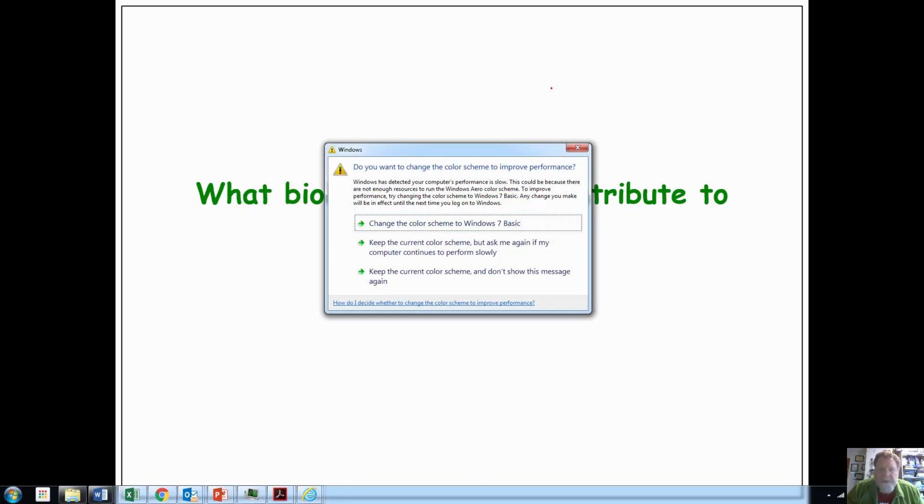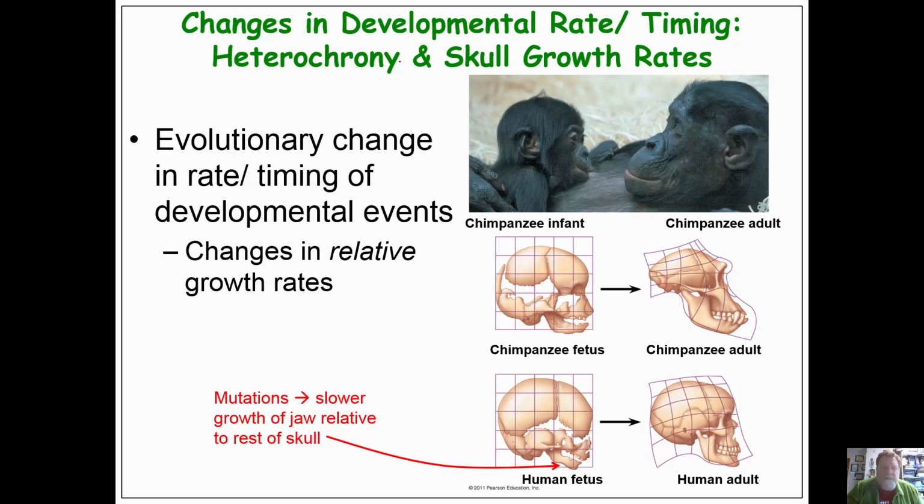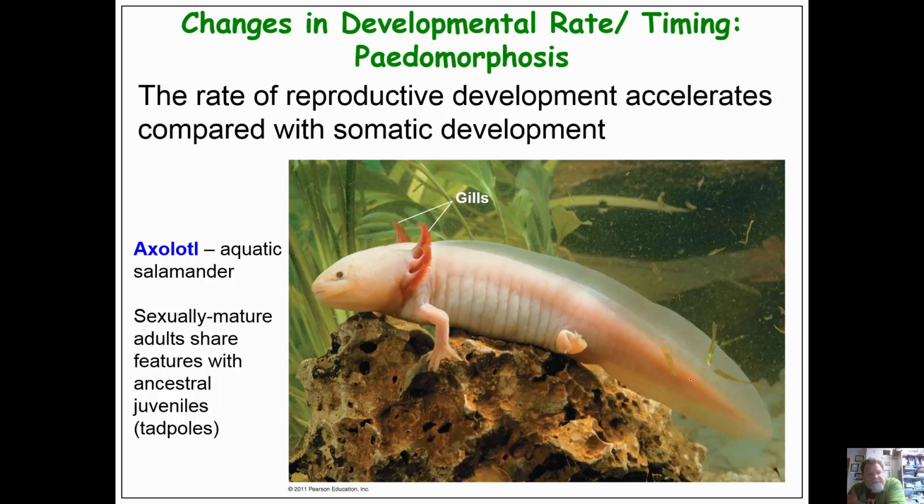What biological processes contribute to this? Relatively small changes in development can affect big changes. What we're looking at here is the differences between chimpanzee and human skulls. As infants, they look a little bit alike, but what's happening in the human skull is that we maintain some infantile features.